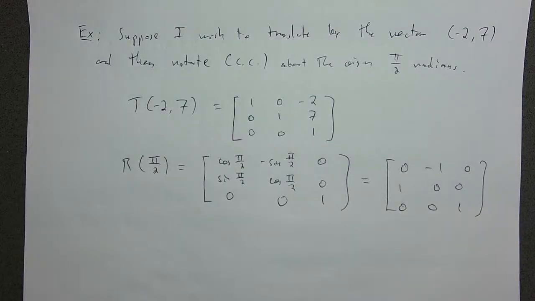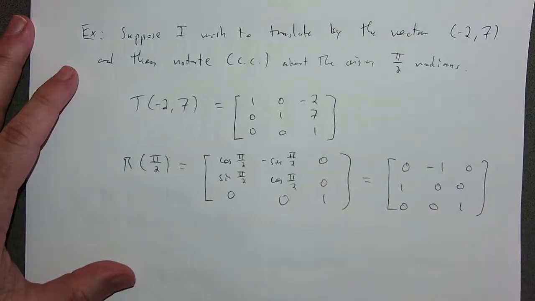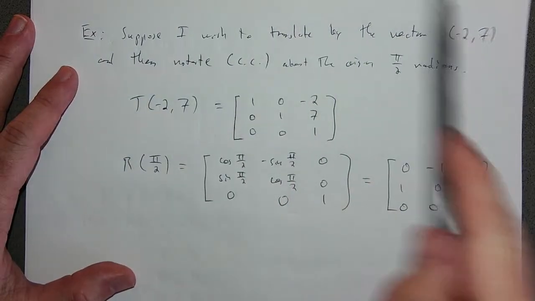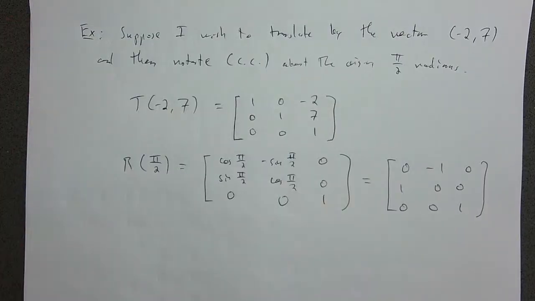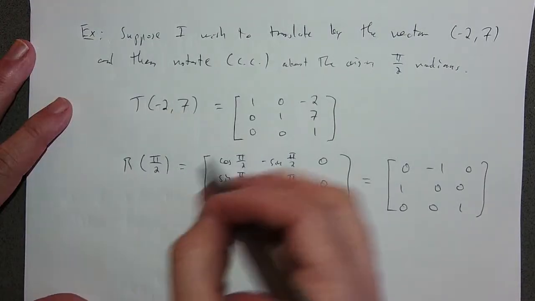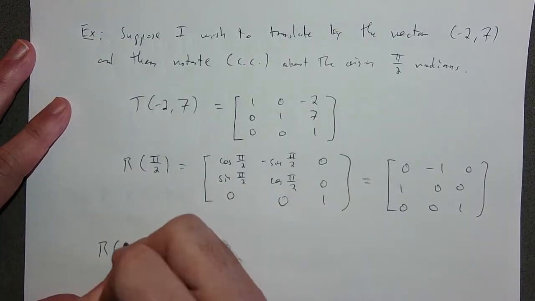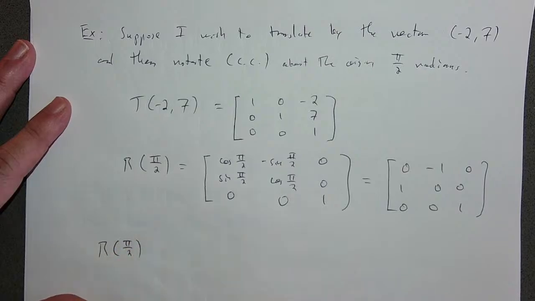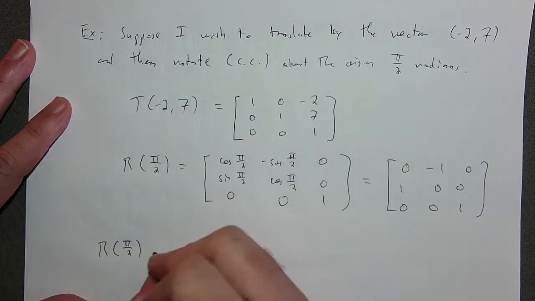Okay. So then, if I'm looking for the single matrix that does this exact combination of transformations, that is, translates the vector first and then rotates it, what matrix product am I looking at? Remember, the thing that happens last is furthest to the left.